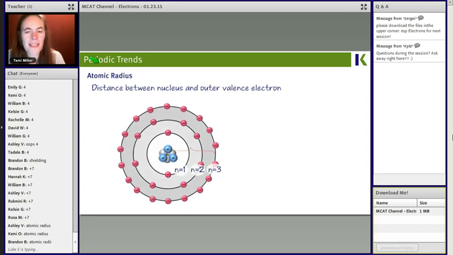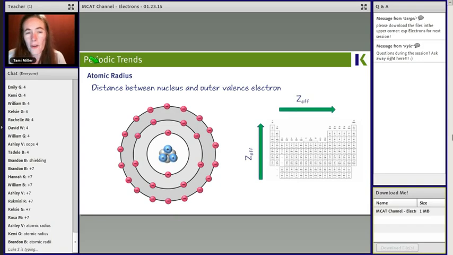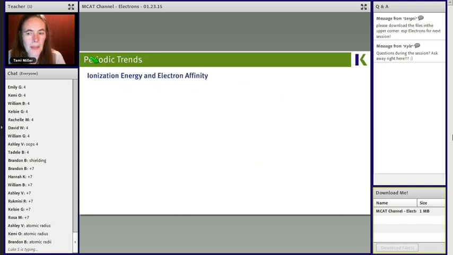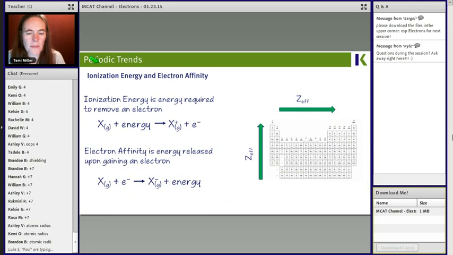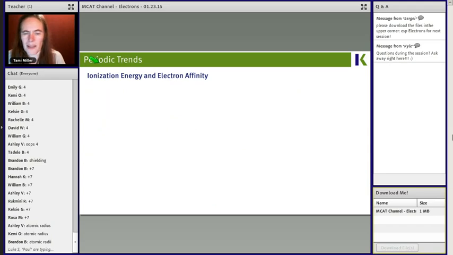If I am feeling a lot of pull, I'm going to get closer to the nucleus. So this is an example of our radius. As we get larger shells, we get a larger radius. So if our effective nuclear charge increases from left to right and bottom to top, the atomic radius is going to do the exact opposite. Sorry about that, I really clicked something weird.